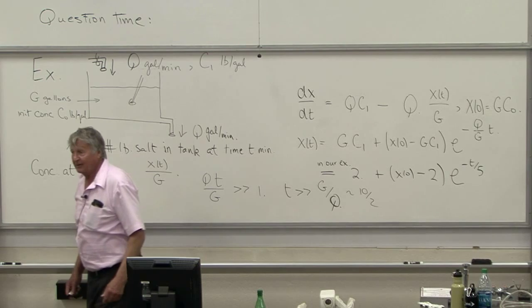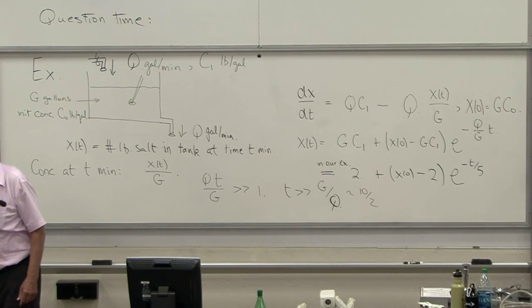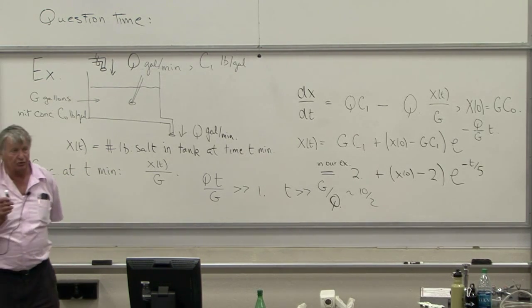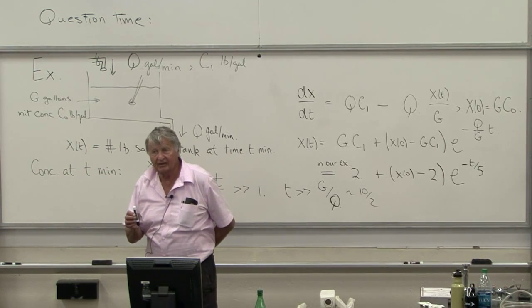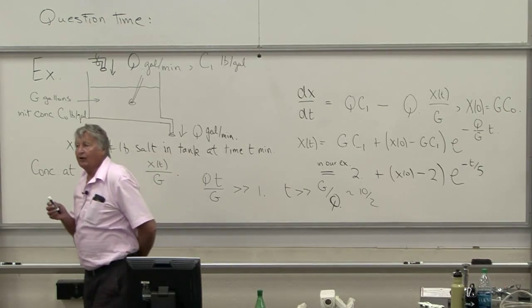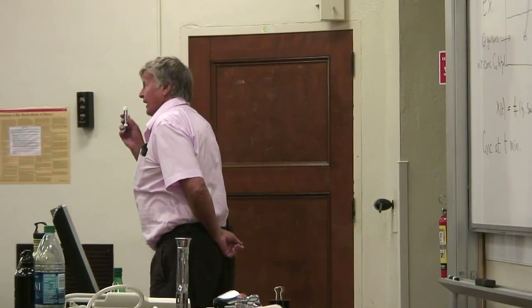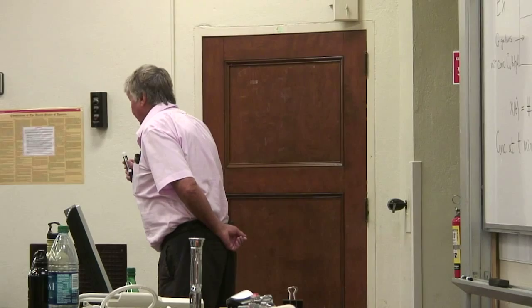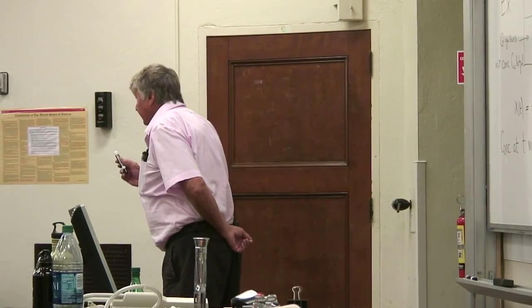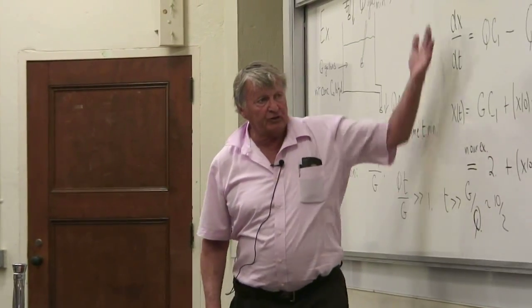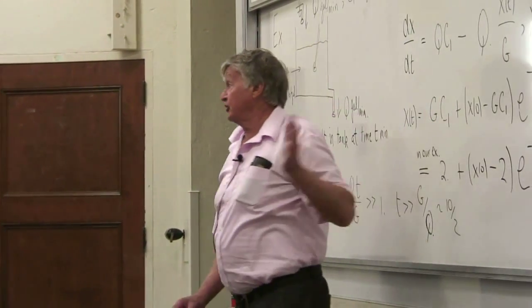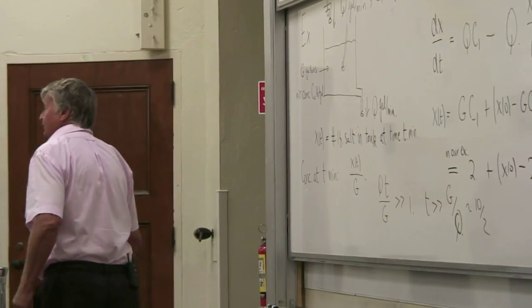Okay? Now, when I give you a little lecture later on in the term on dimensional analysis, you will see how you would have known ahead of time that the natural time scale, the time scale that's relevant in this problem, is G over Q without actually doing any of these calculations. Okay?